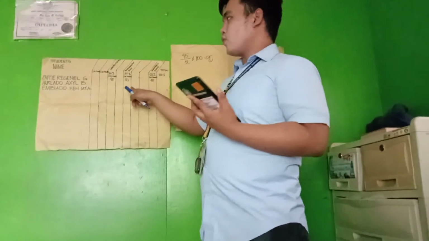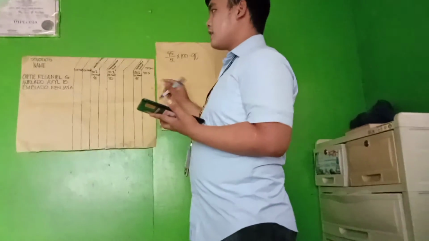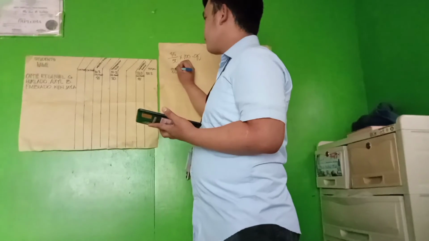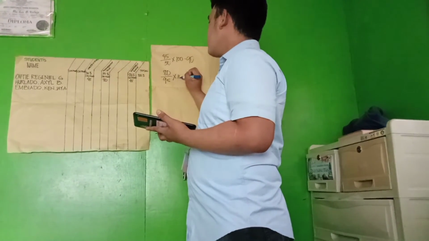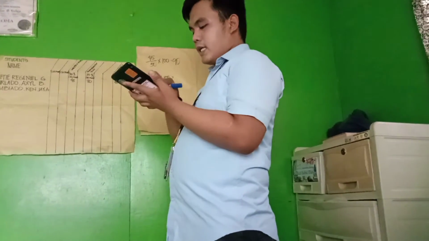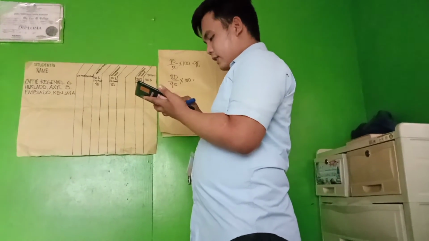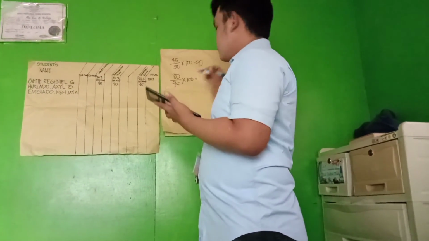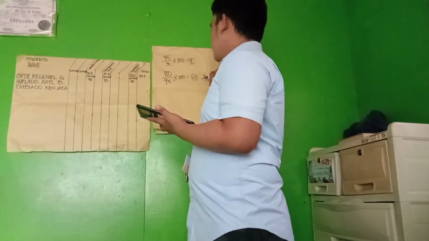Then we are going to calculate the performance task, which is the same process: 80 over 95 times 100 equals 80 divided by 95 times 100, which is 84.21.